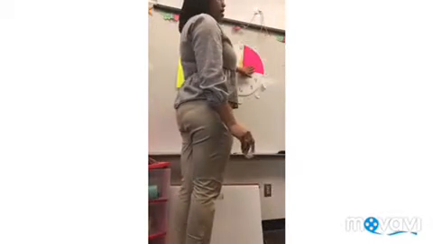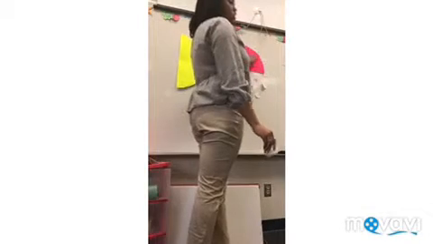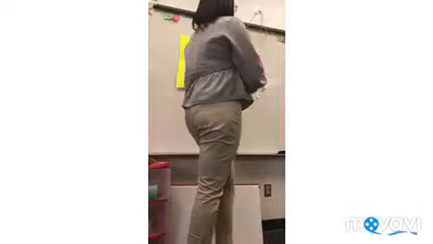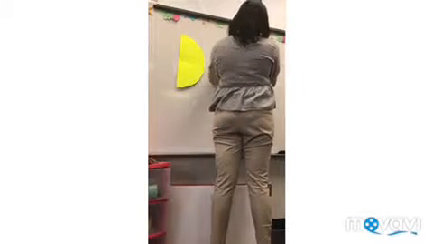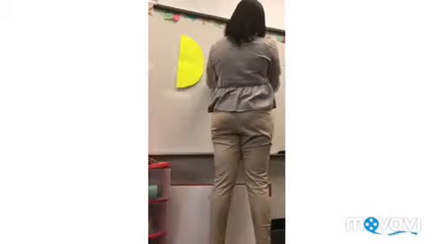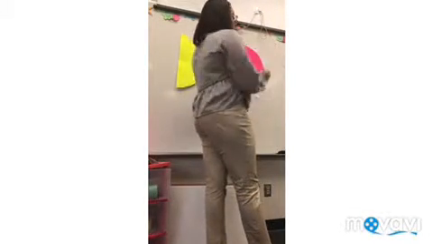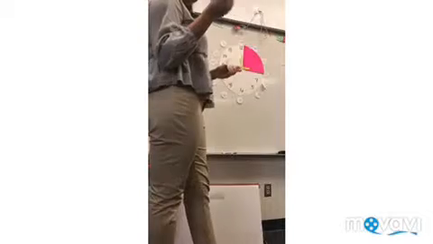Alright, so each fourth has 15 minutes in it, okay? So this fourth has how many minutes? 15. So I'm going to put our clock here. When we have our hour hand and minute hand facing the 15 minutes, we call that 15 minutes.